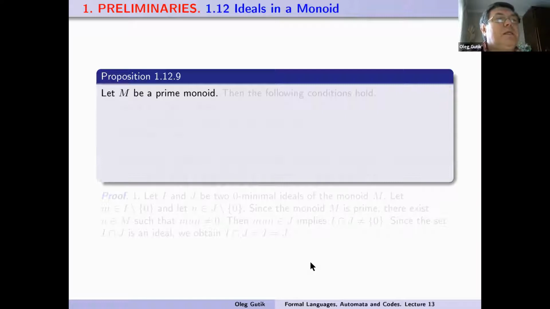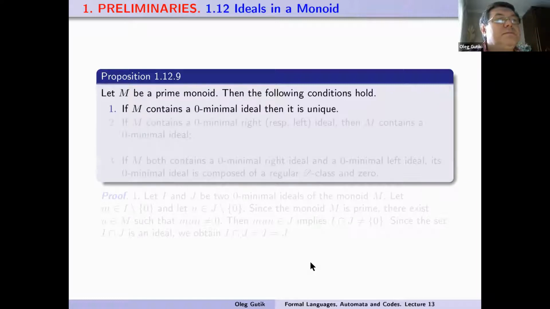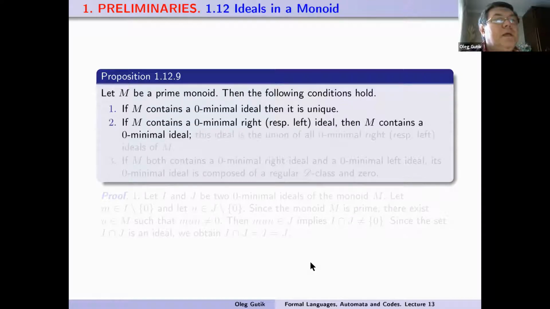Proposition. Let M capital be a prime monoid, then the following conditions hold. First, if M contains a zero minimal ideal, then it is unique. Second, if M contains a zero minimal right, respectively left ideal, then M contains a zero minimal ideal.